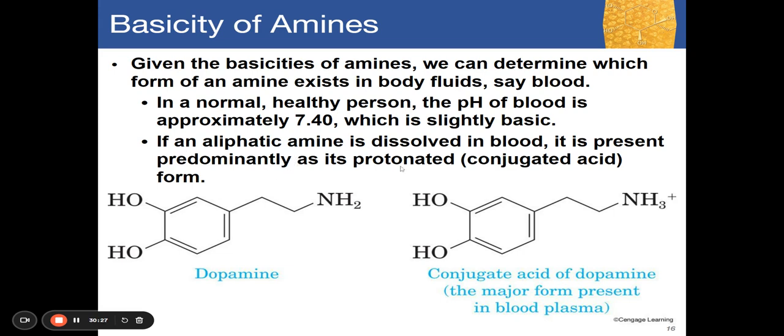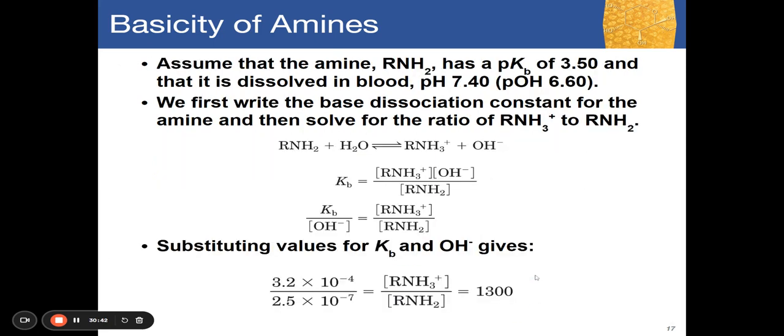If an aliphatic amine is dissolved in the blood, it is present predominantly as its protonated form, or conjugate acid form. An example of this is dopamine. Dopamine is an amine, and this is a neurotransmitter combined with your blood.